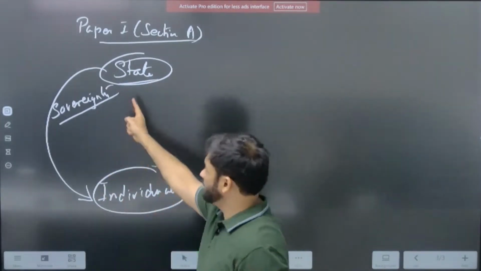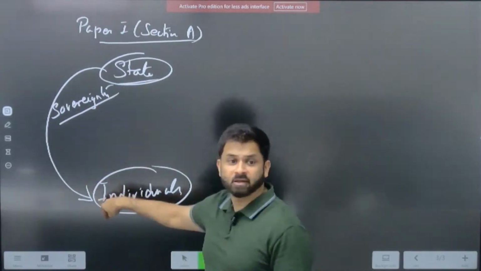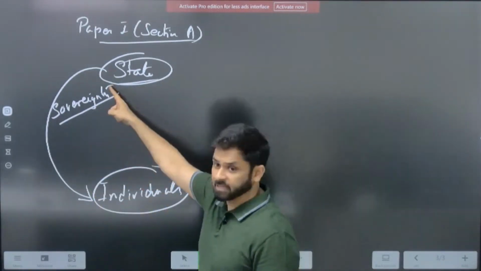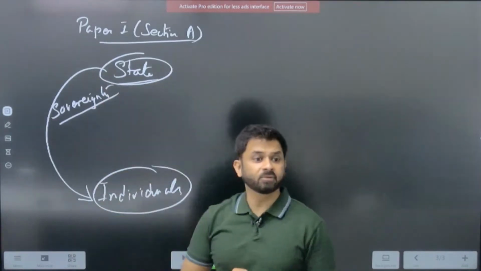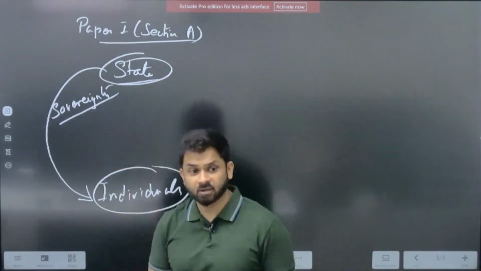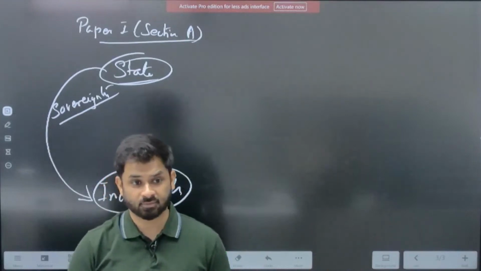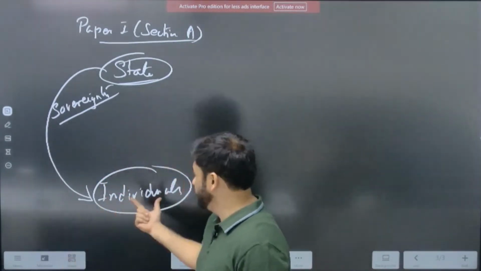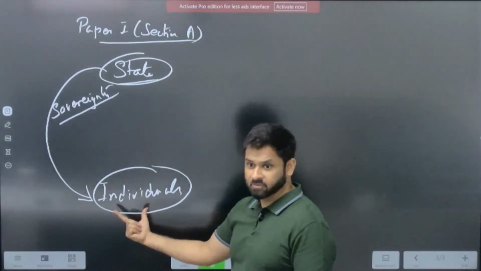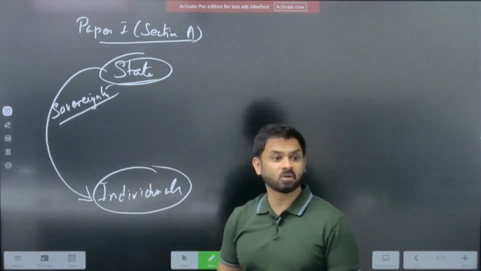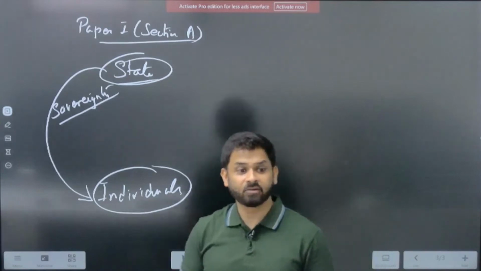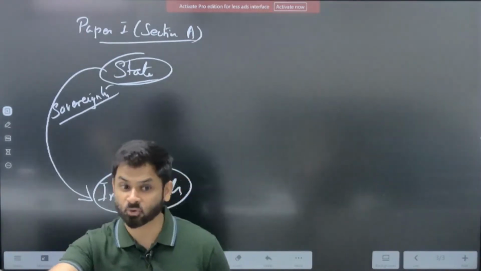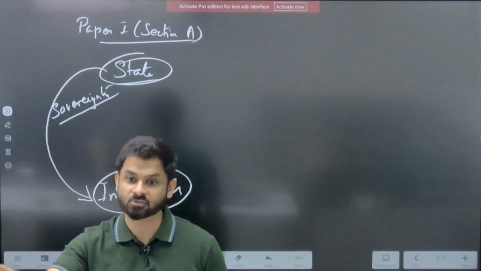So state has sovereignty, and its sovereignty is exercised over the individuals because the state has authority over the individual. Sovereignty is another concept in political science. State is a concept, sovereignty is a concept, individual is a concept. This individual can be a group of individuals also. State may treat individuals separately, state may treat individuals like a group also. Does it treat individuals as groups also or not?